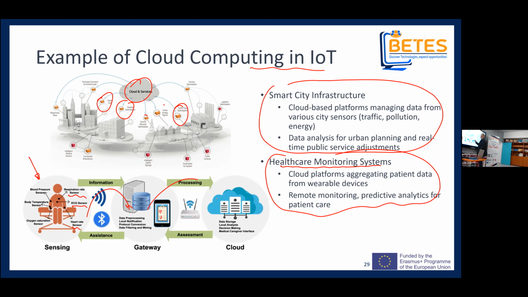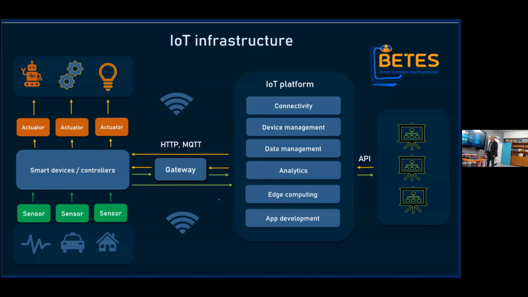And then after that, they are stored in the cloud. So this is how a typical IoT infrastructure looks like. We have the sensors, we have the actuators, we have the gateway, which communicates through MQTT and Wi-Fi and Bluetooth, whatever. We have the IoT platforms through which we manage our devices, etc.